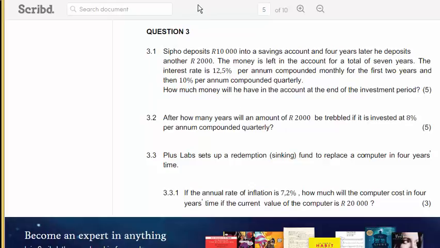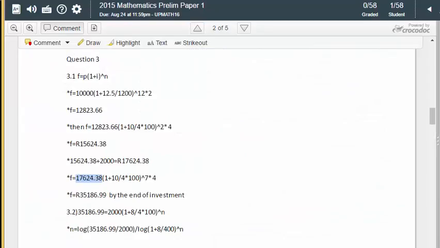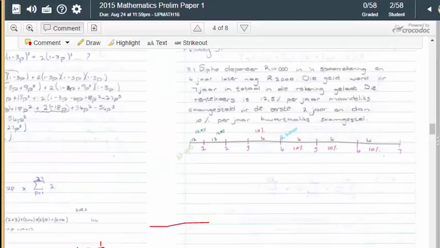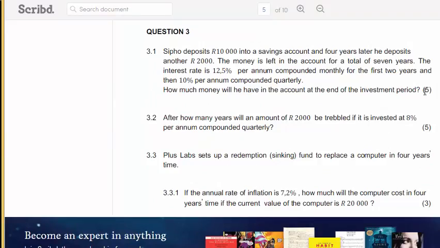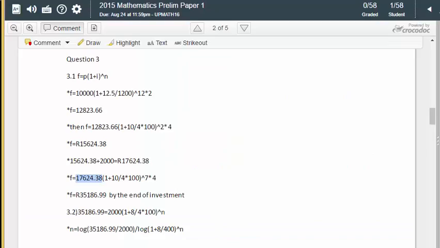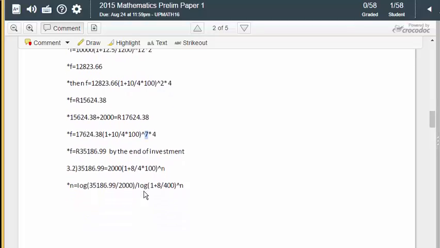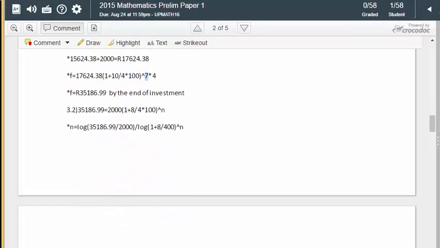But no, the total period was 7. But still, if I was marking this question, of the 5 marks, student 2, you will get 4 marks in my opinion. Just that one error will lose you a mark, but very good attempt.